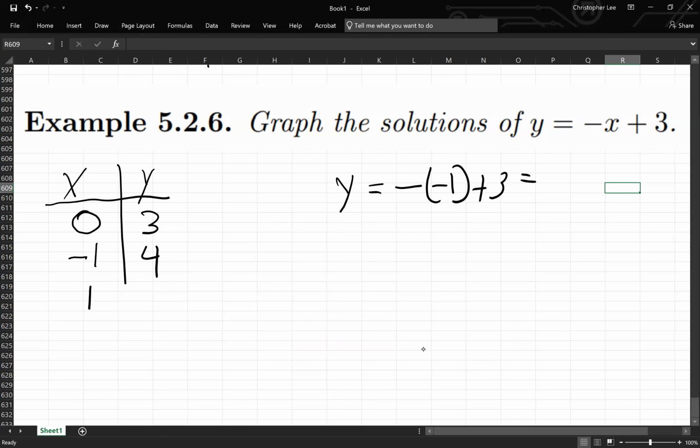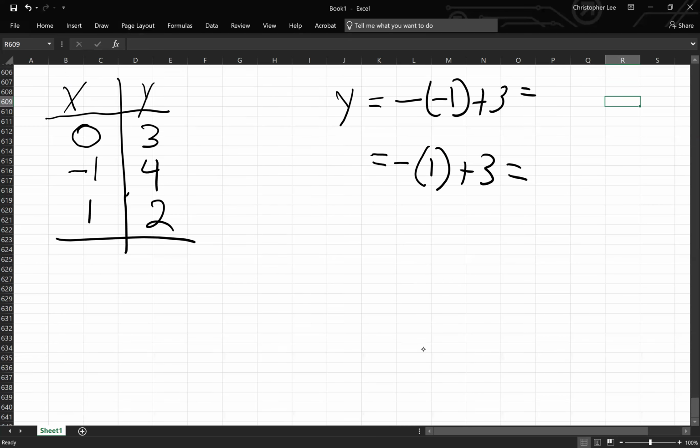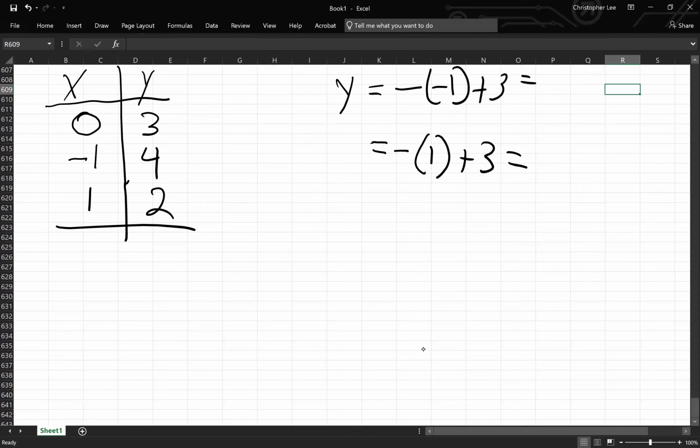Let's try that. 1 has 2. That's 2. All right. Make it simple. You could just graph these points and call it a day.